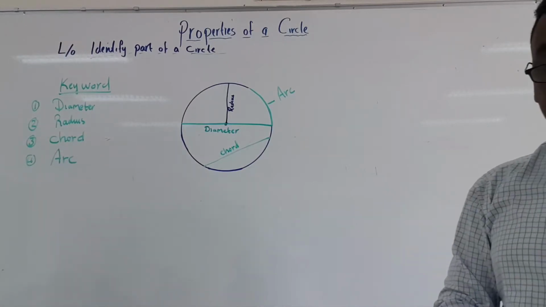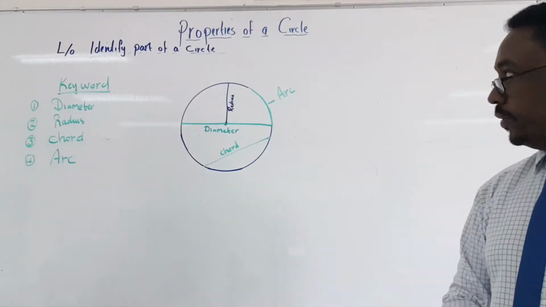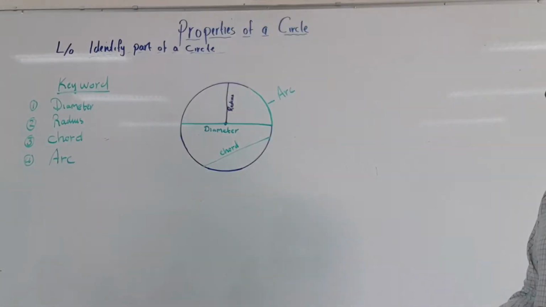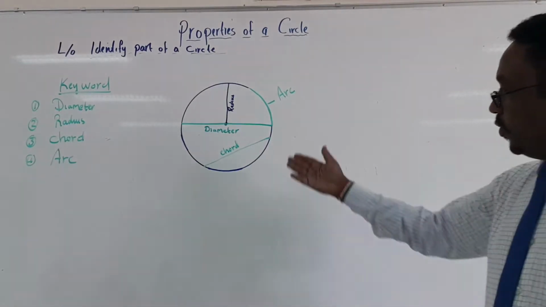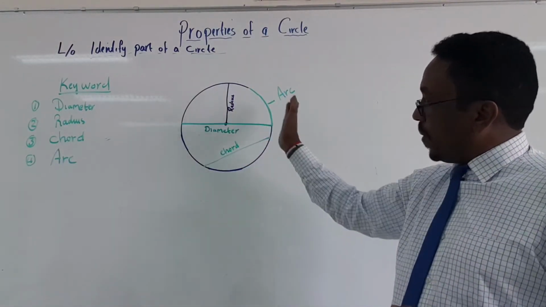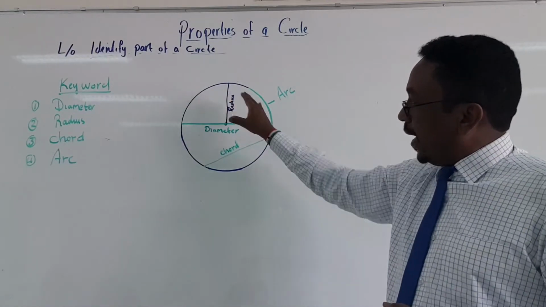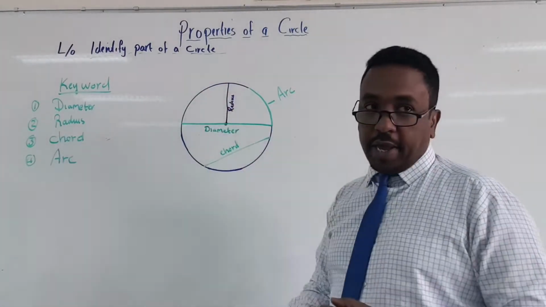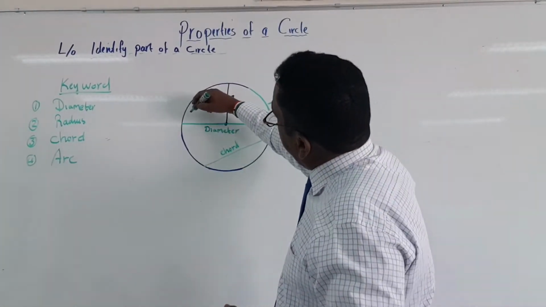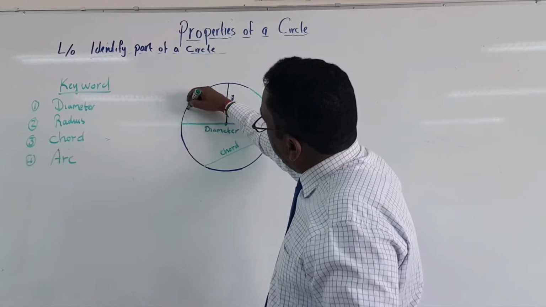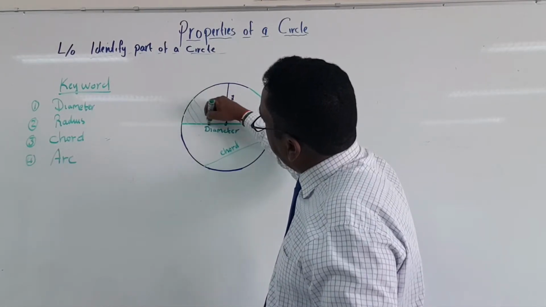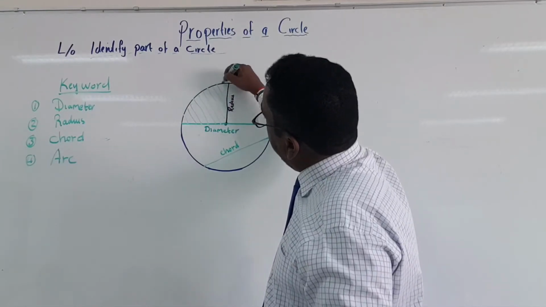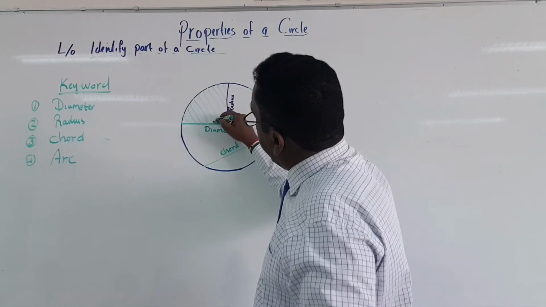One other thing that we need to learn is, if we divide the circle into 4 parts and we highlight a part of it, this part will be between 2 radii. So if we highlight from there, in the middle of 2 radii, all these parts we highlighted have a name.